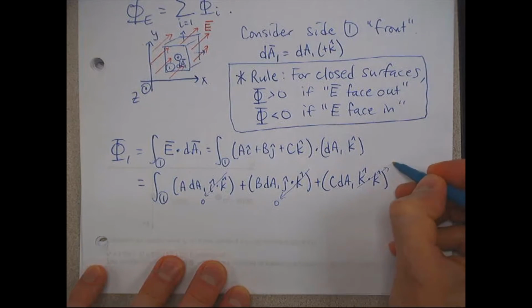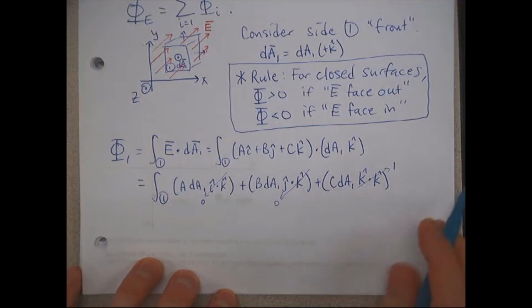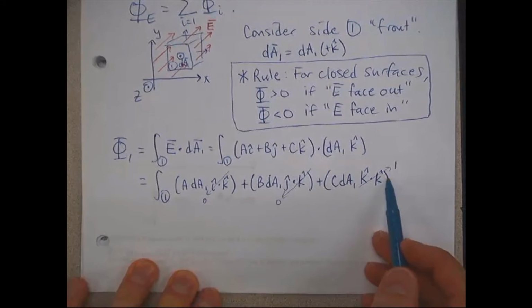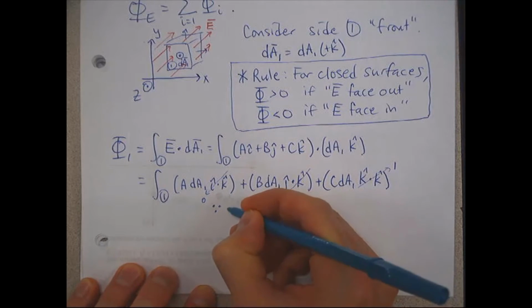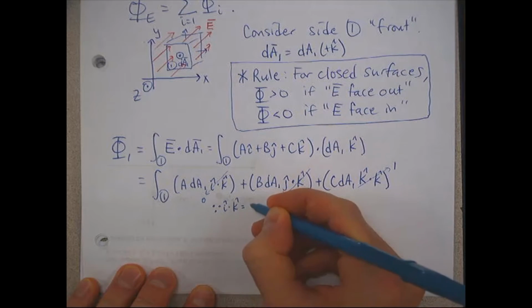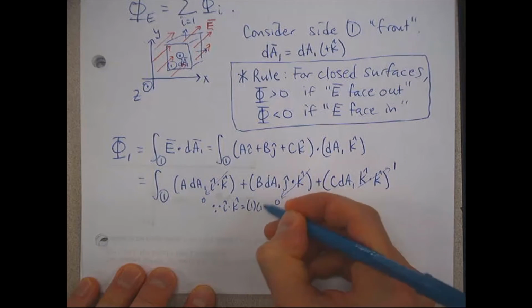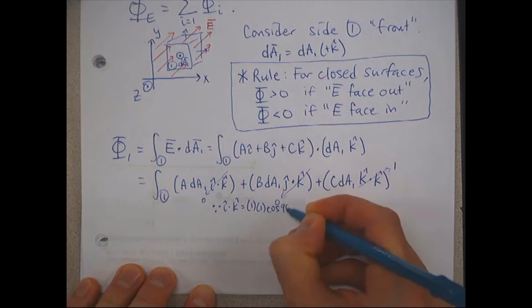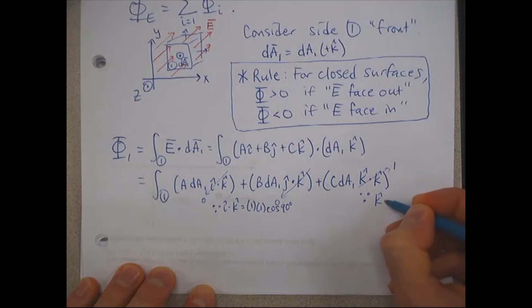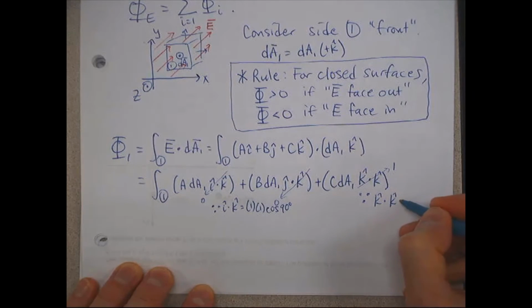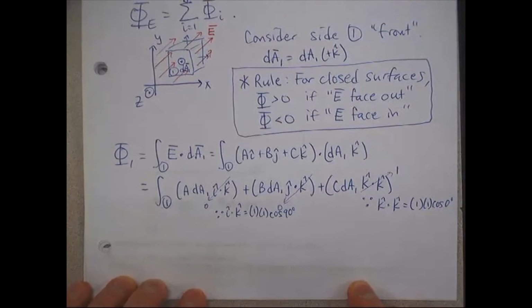Those are unit vectors pointing in the same direction, so you have a cosine 0, that gives you 1. Right, i hat dot k hat equals the magnitude of each, 1 times 1 times cosine 90, which was 0. Over here, k hat dot k hat is 1 times 1 times cosine 0. That should be familiar to you.